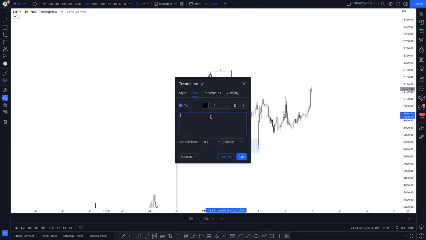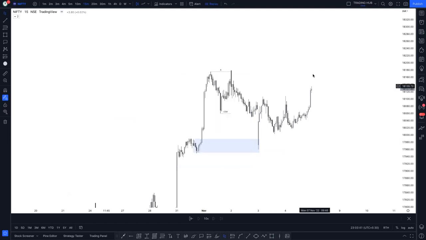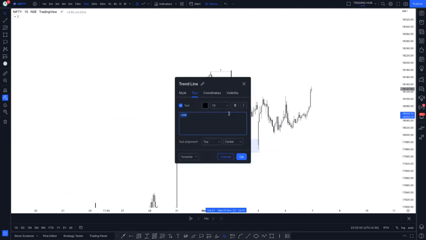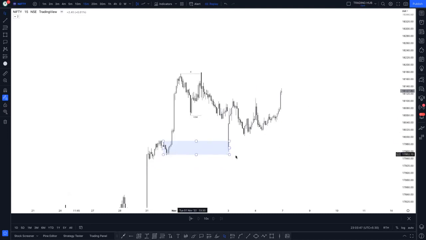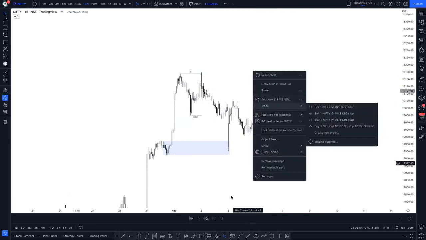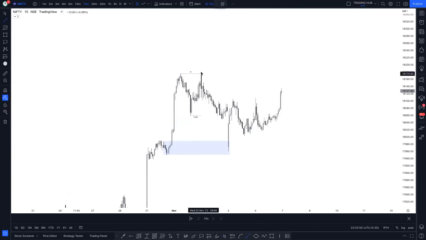This was the inducement. Taking out the inducement, tap on this order block and go higher. And momentum is bullish. And this is your target. Okay, so overall bullish in Nifty 50.